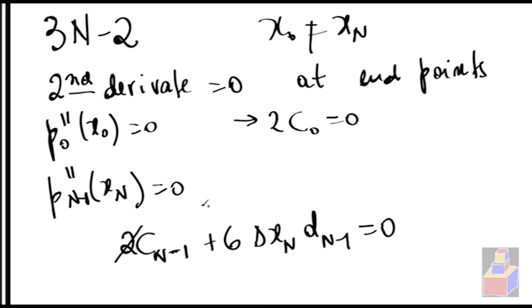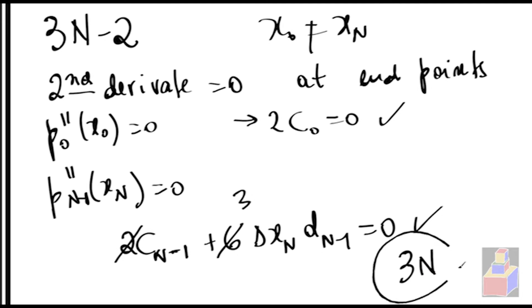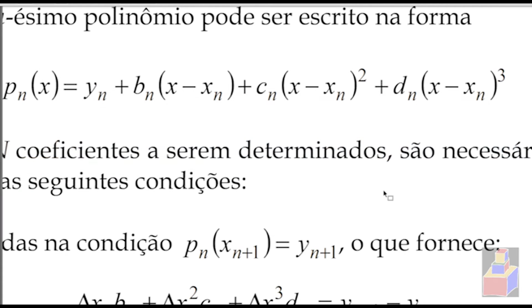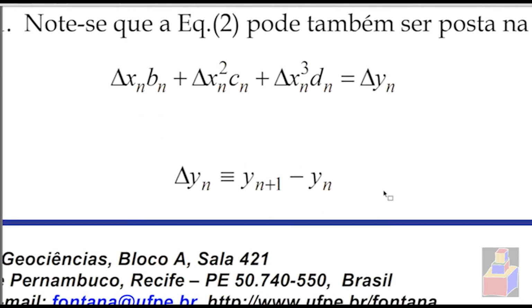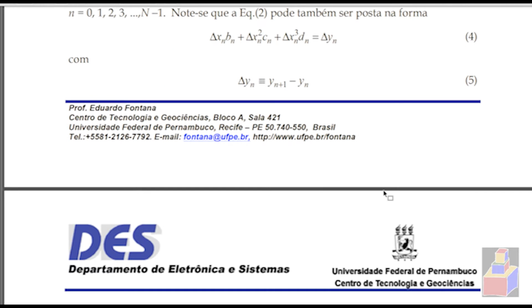So I have 2 additional equations, one is this one, the other is this one. So we have a full set of 3n equations to solve, and that can be solved in a very simple way.